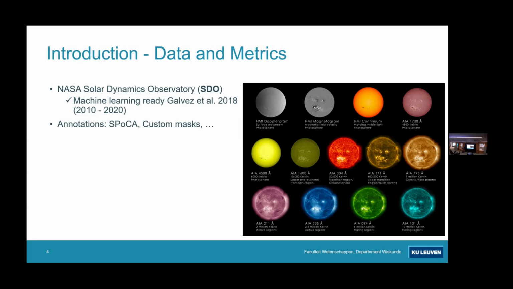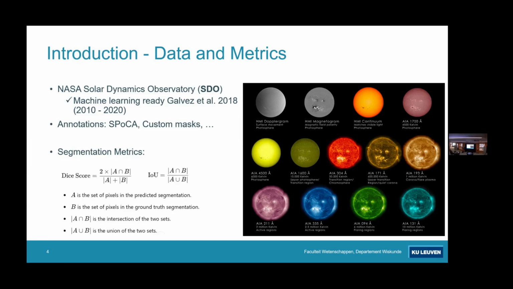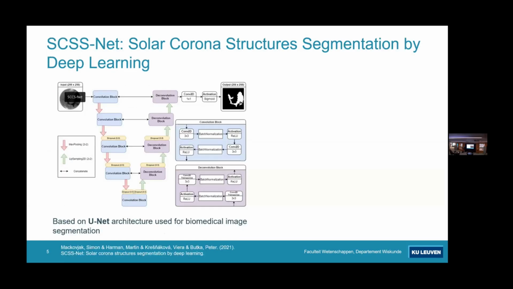An example is POCA, a set of algorithms that have been introduced in the past by the Observatory of Brussels. In order to evaluate these segmentations, we use either the Dice score or IOU, intersection over union.